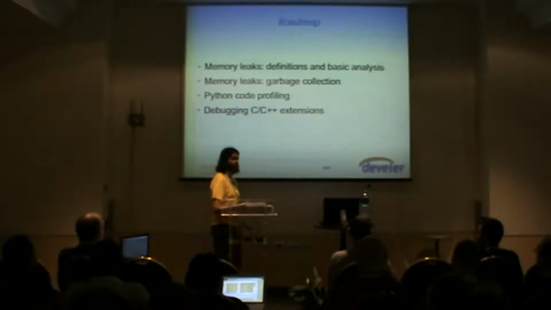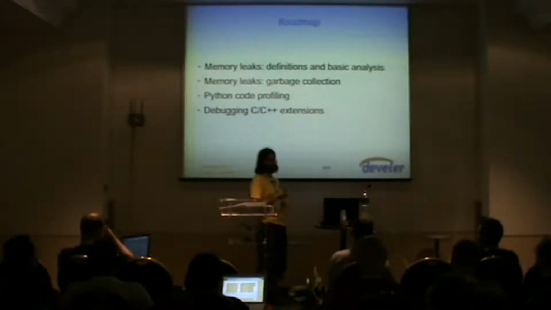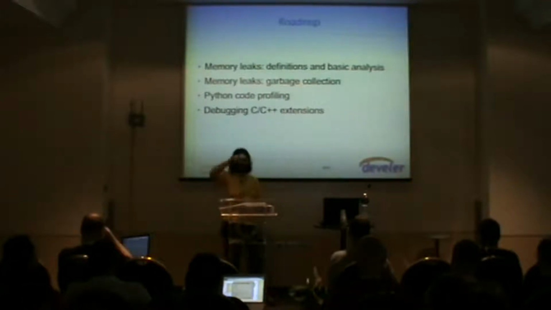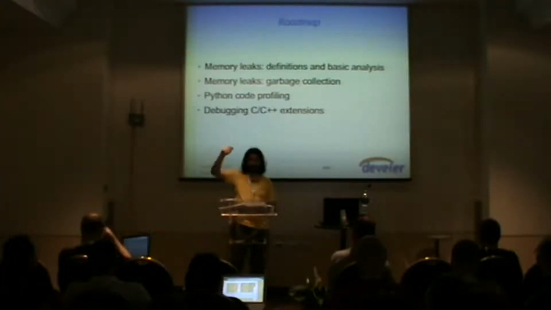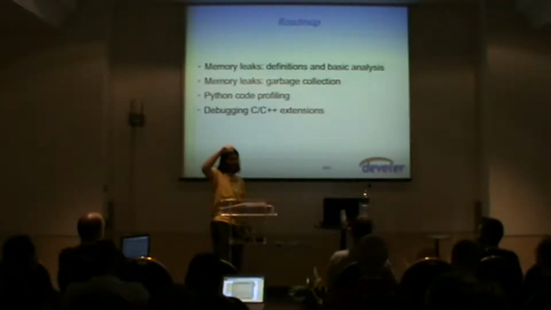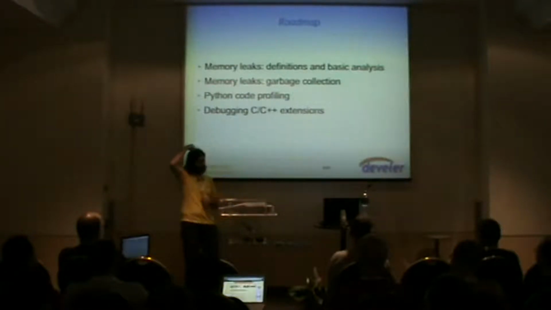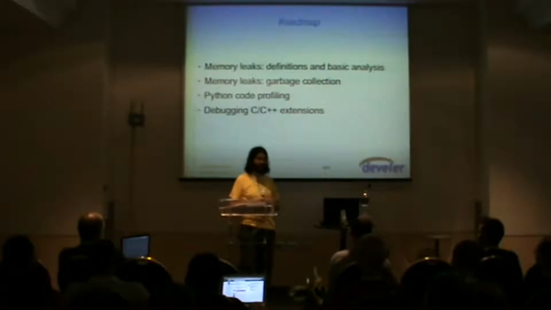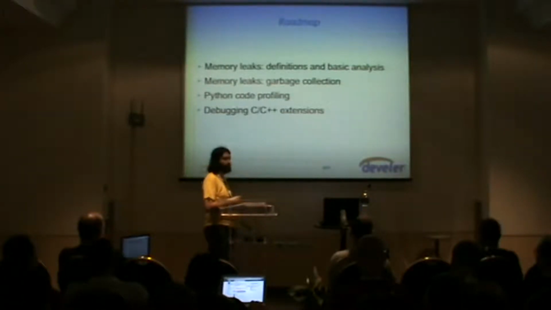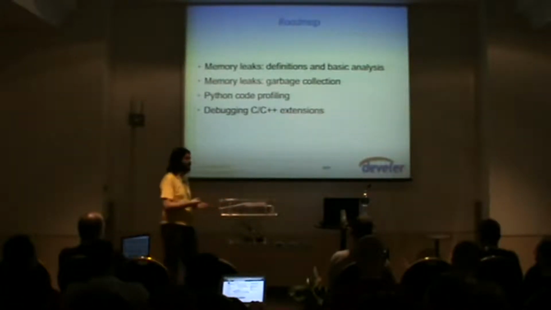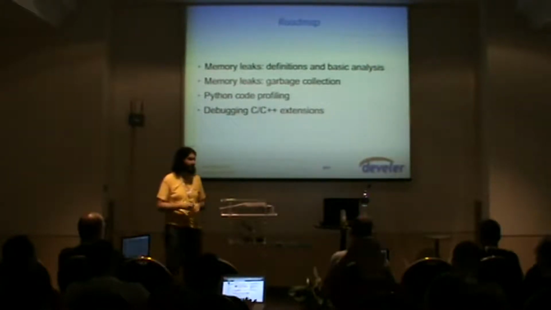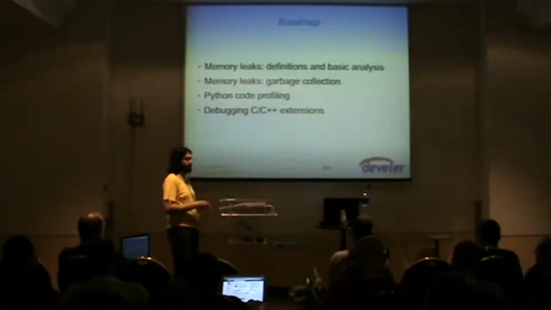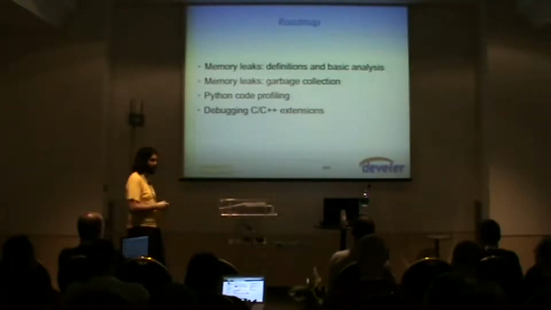And then we will look into C++ extensions, because all those nice extensions are like import antigravity, and then you fly. But sometimes that antigravity stuff written in C++ can crash on you with a big seg fault, which is something a Python programmer is not used to. So we will look into how to debug those C++ extensions, especially under Windows, which is not exactly the most friendly debugging environment for this kind of task.